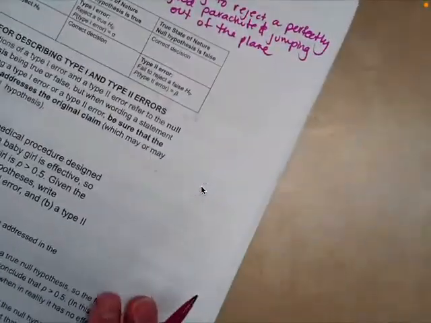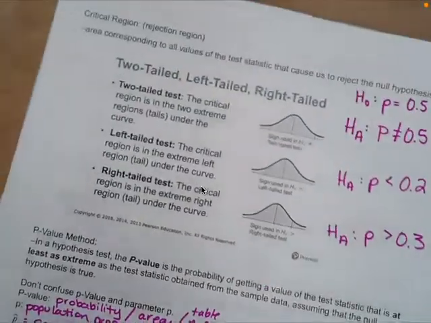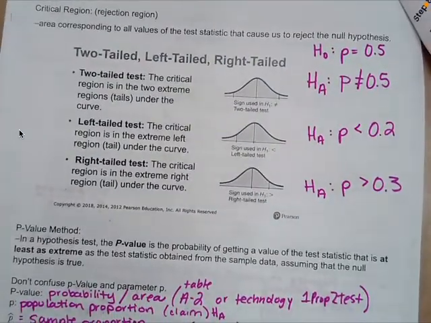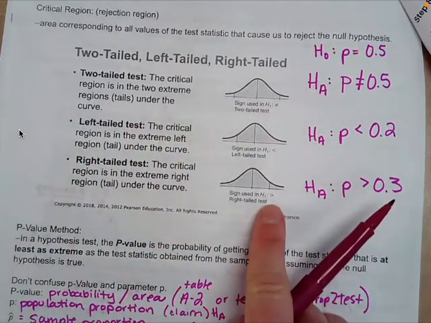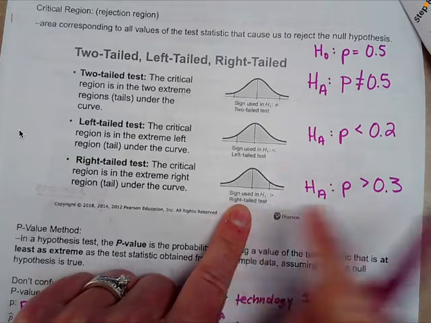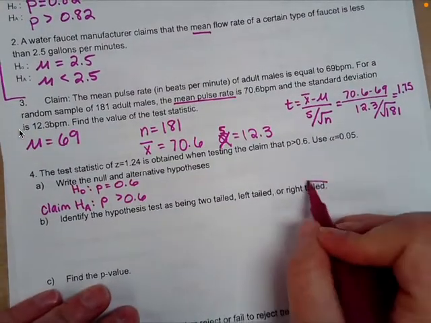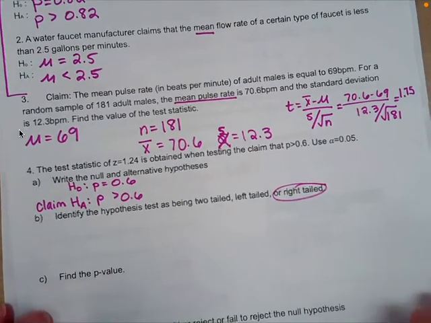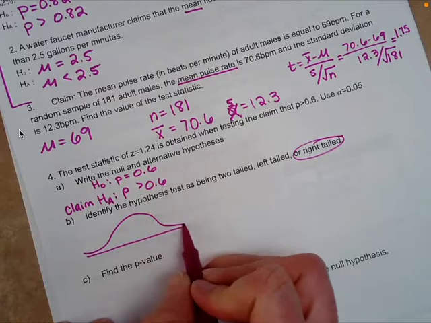So look back at our notes. Is it greater than or is it less than? Greater than, so we look at the greater than one. It's the right-tailed. So it's going to be like this.